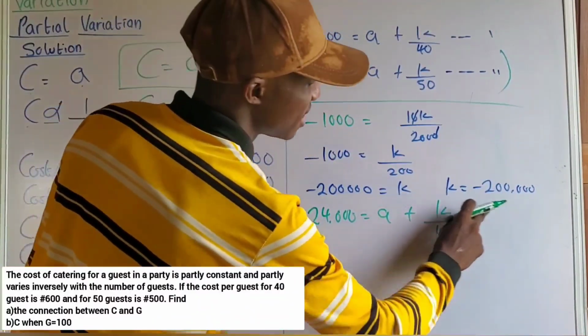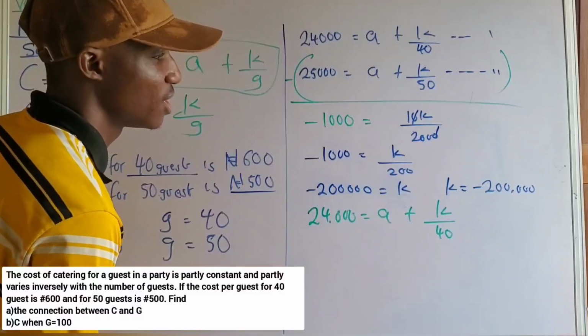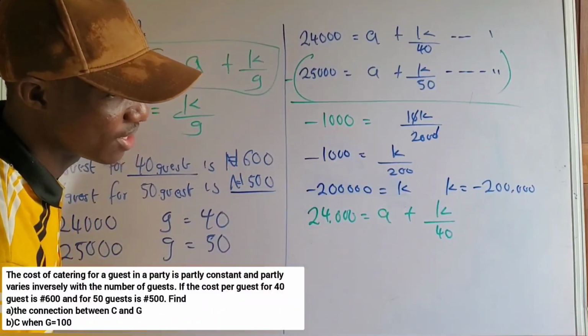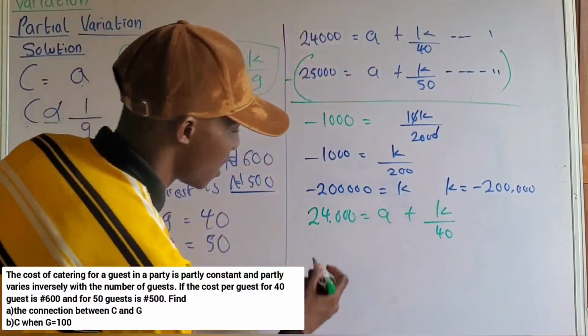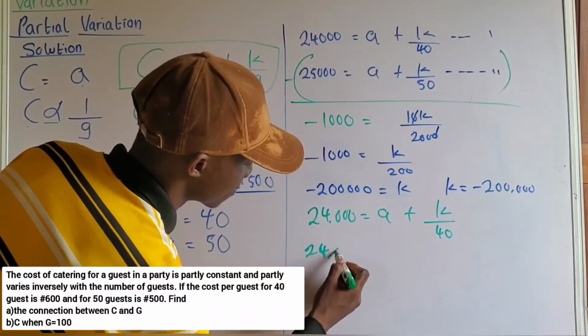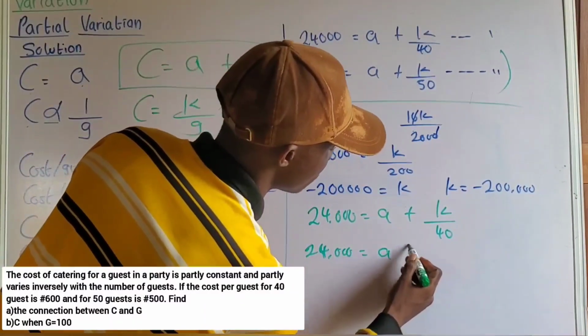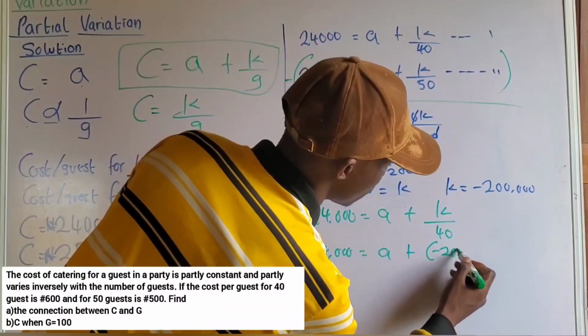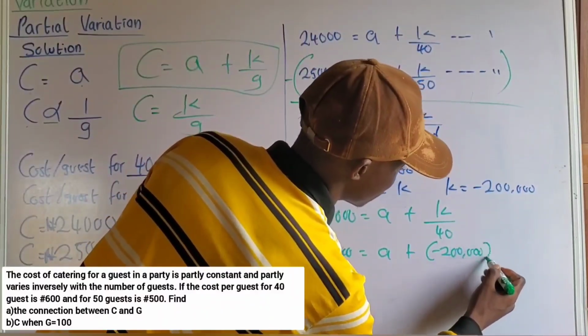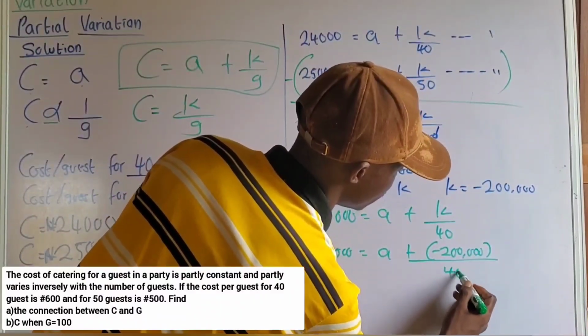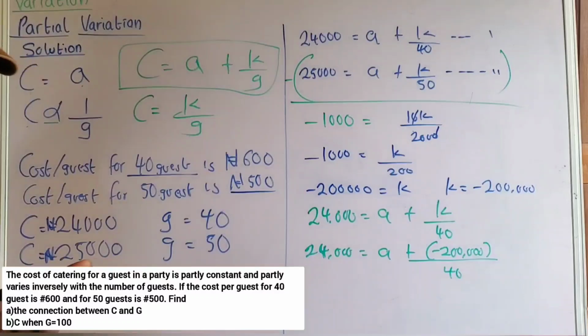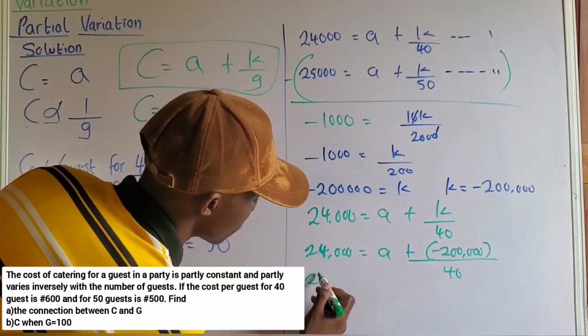Now, when k is negative 200,000, I'm going to have 24,000 equals a plus negative 200,000 all over 40. You understand? Now 200,000 divided by 40. That is 5,000, right? Yes.